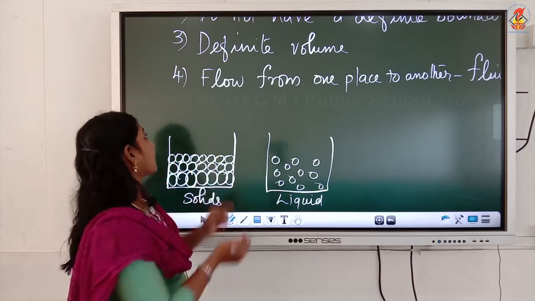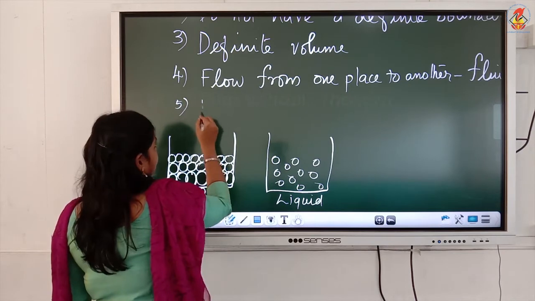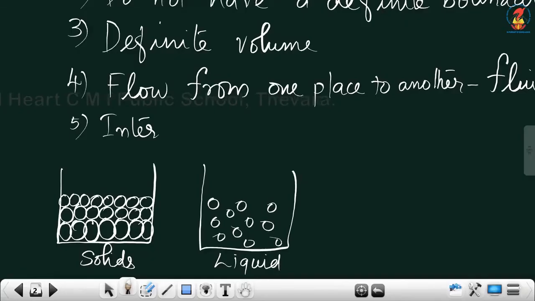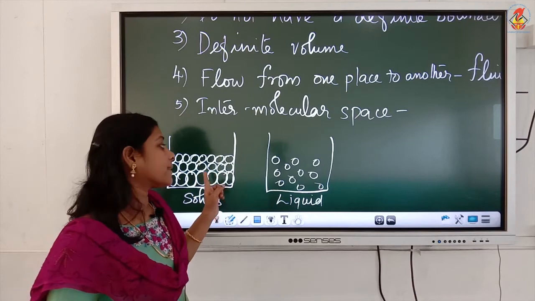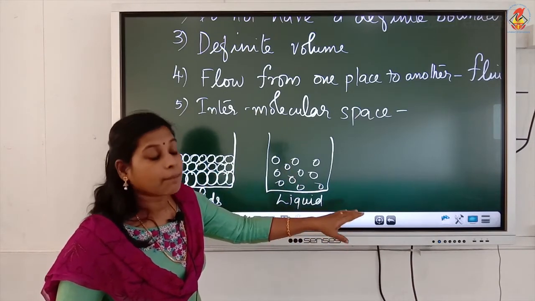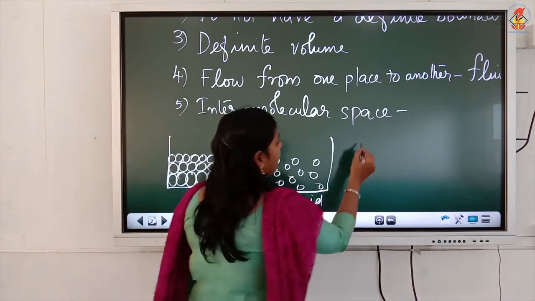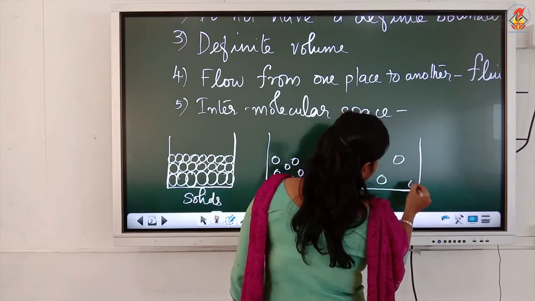If we consider the next point, intermolecular distance, or intermolecular space, compared to the solids, the intermolecular space is more. But if you compare that with the gases, in gas the particles are arranged like this.